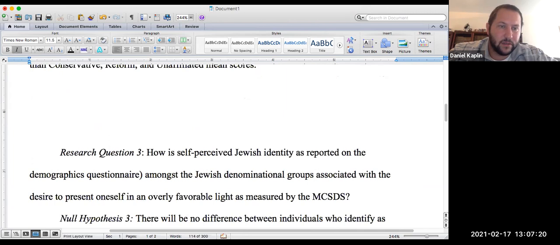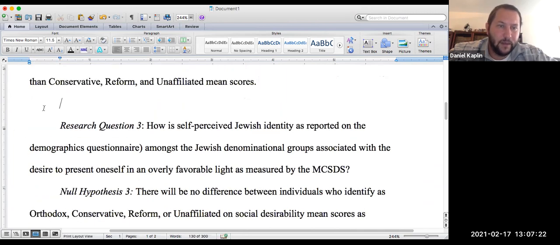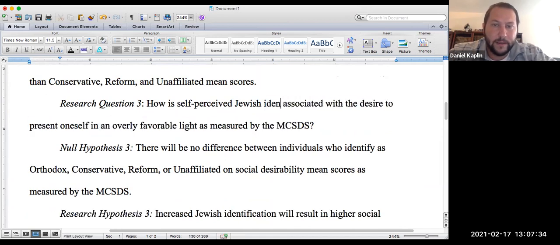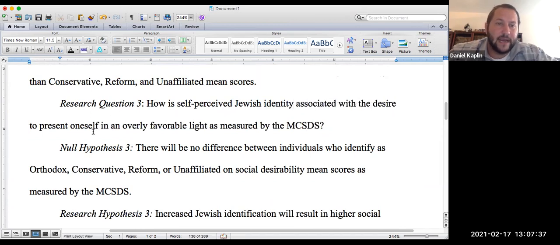Now, research question 3, let's bring that up. There's a spacing issue. How is self-perceived Jewish identity associated with the desire to present oneself in a socially desirable light?